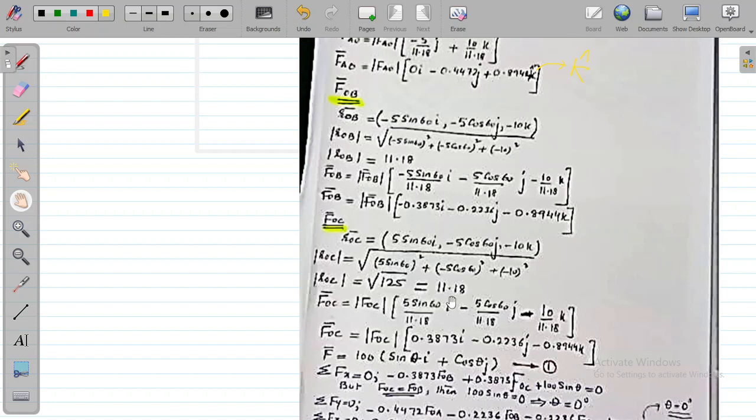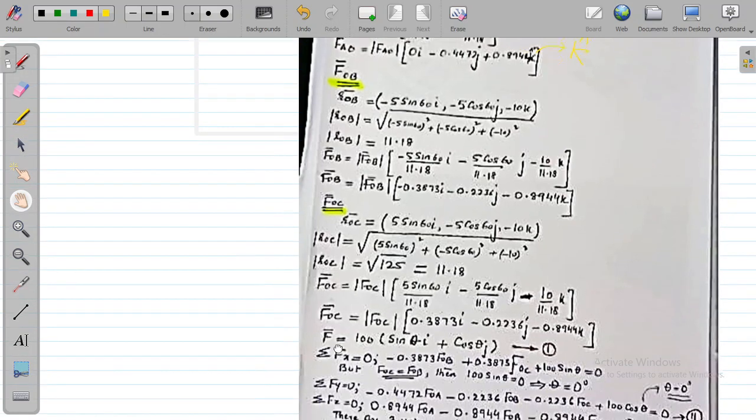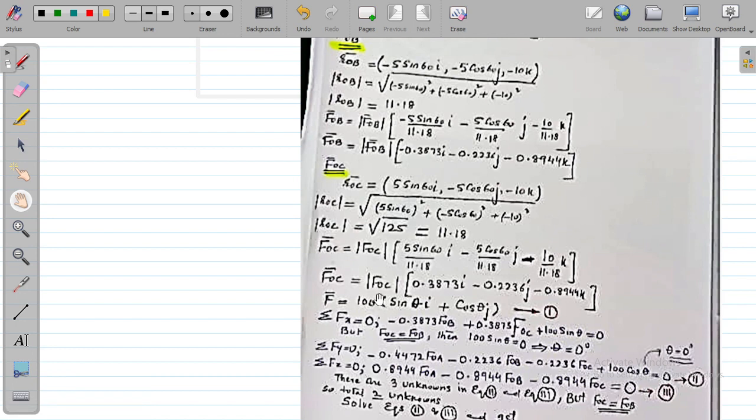It is 11.18. Vector FOC equals FOC mod times ROC divided by ROC mod: 5 sin 60i over 11.18 minus 5 cos 60j over 11.18 minus 10 over 11.18k. Simplify it, and vector force FOC equals FOC magnitude times 0.3873i minus 0.2236j minus 0.8944k.